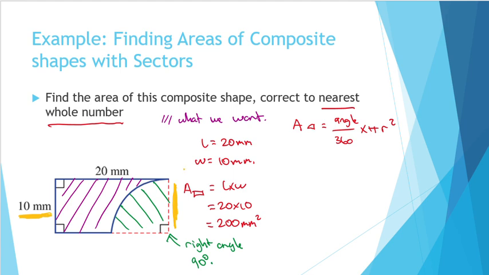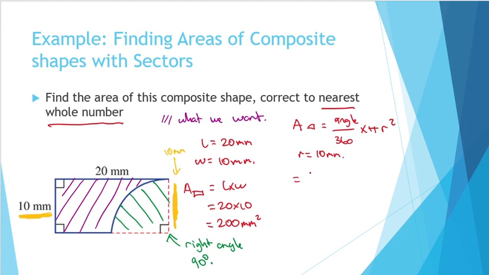Okay, so if my left side is 10 mils, that means this right side of the rectangle is also 10 millimeters. Hence, because this is a quarter circle, I can determine that 10 millimeters is actually my radius. Okay, so now I have everything we need.